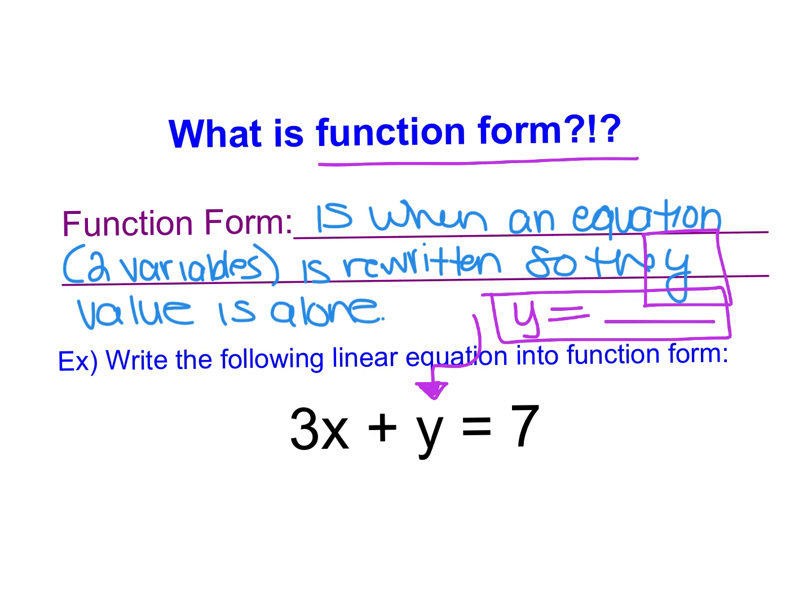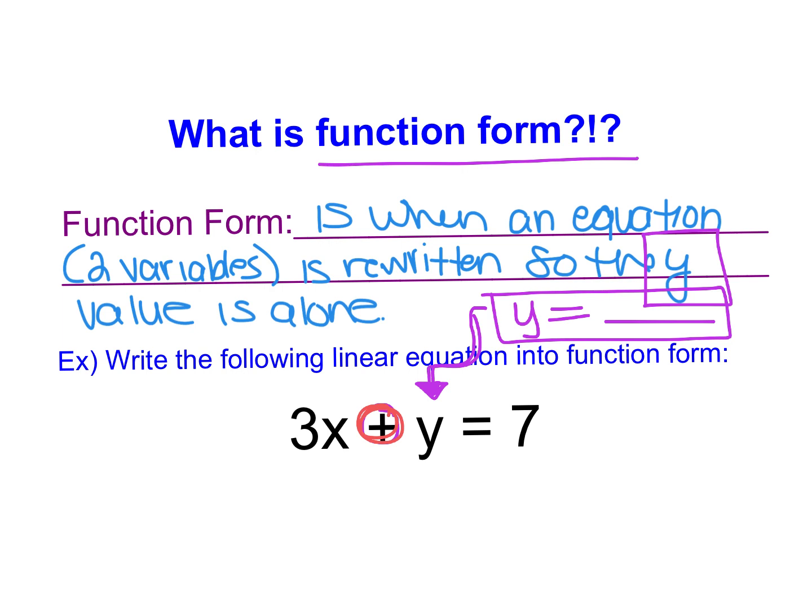So we need to move terms entirely away from y. So for example here, you'll notice that 3x is being added to y. Now we want y to be completely by itself. So what we have to think about is how we could get the y value by itself by undoing that entire 3x. And what I notice here is that these two items are being added together.